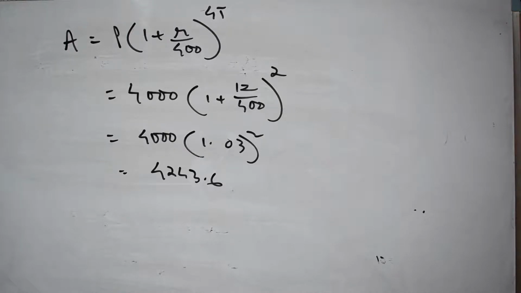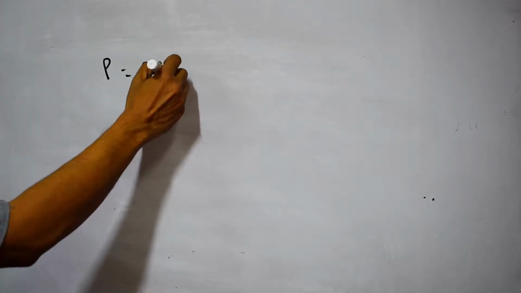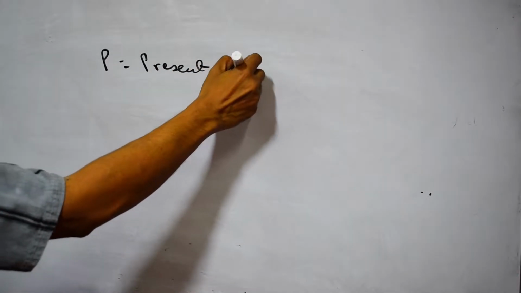So this is the amount after 6 months. In the case of a loan, if compound interest is charged, normally in most business transactions loans are calculated on the basis of compound interest instead of simple interest. We consider P as the principal, but we can say present value of the loan.